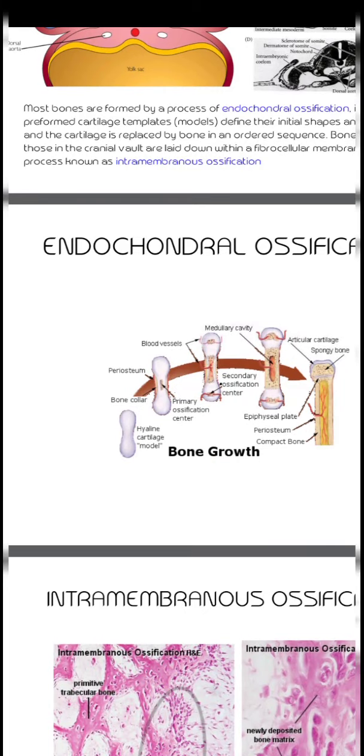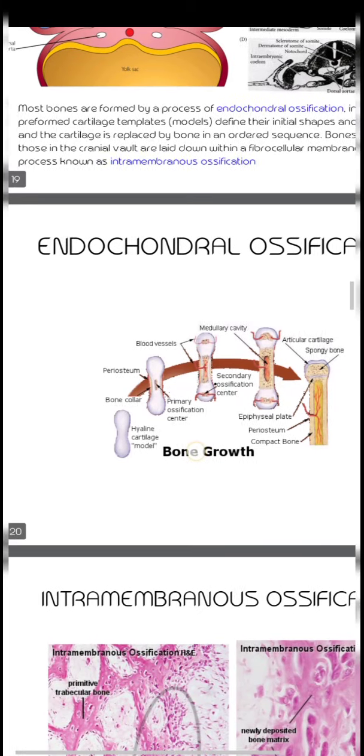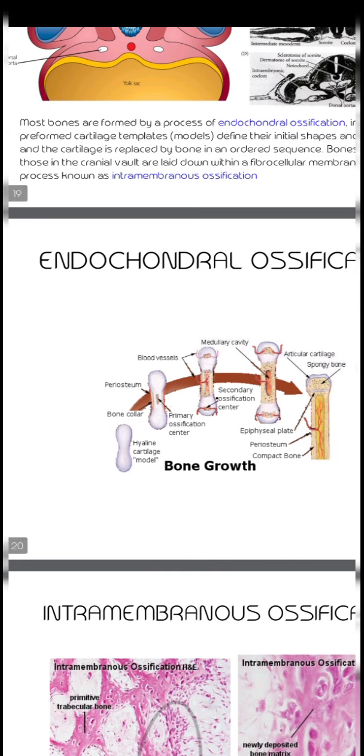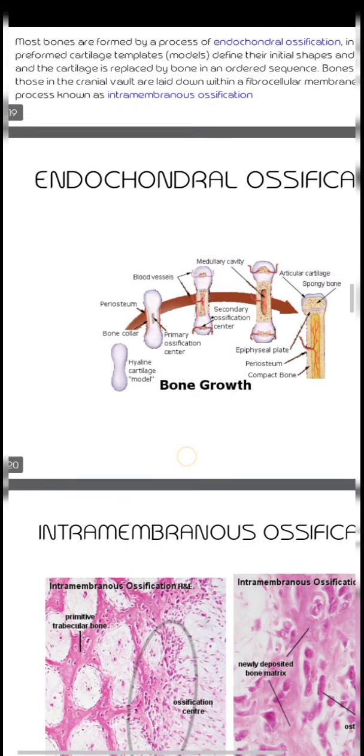Some bones such as the cranial bones are laid down with another process, via a fibrocellular membrane, and the formation of that bone is known as intramembranous ossification. So here we have two types, endochondral and intramembranous ossification.